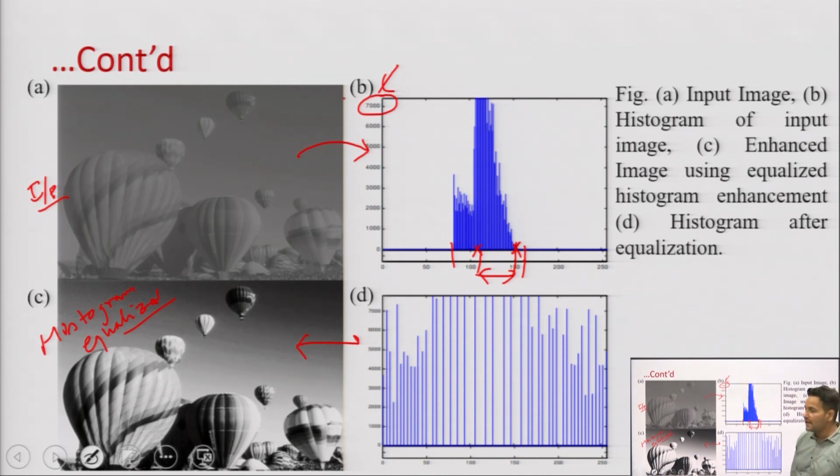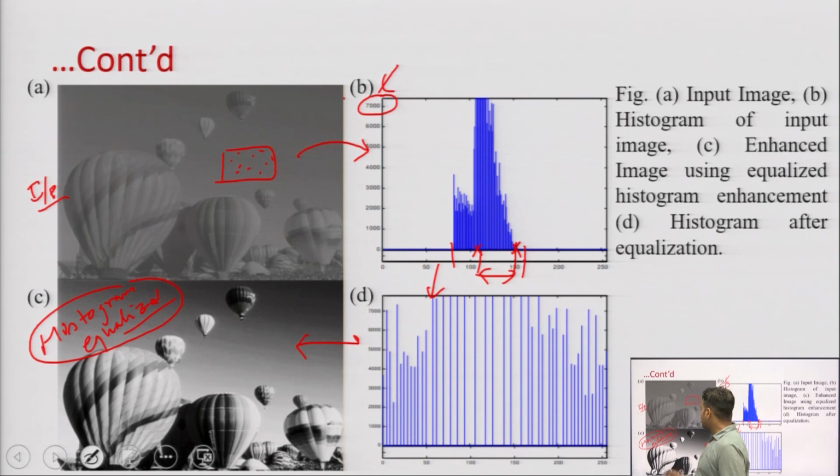If you equalize each and every pixel, your histogram looks like this. How can we equalize this histogram? Here you observe the neighborhood pixels. What is the value of the neighborhood pixels? You have to observe that, and after histogram equalization your image gets enhanced.